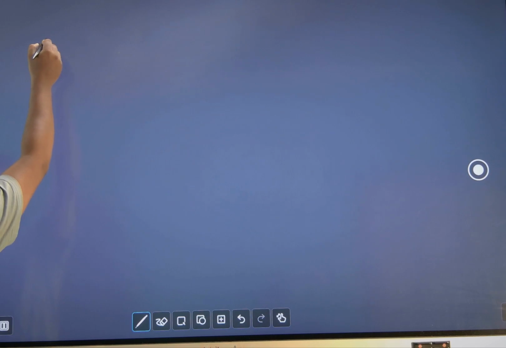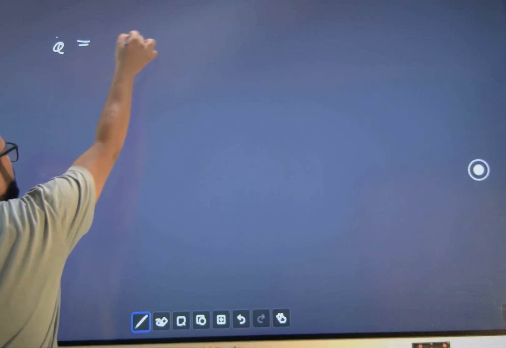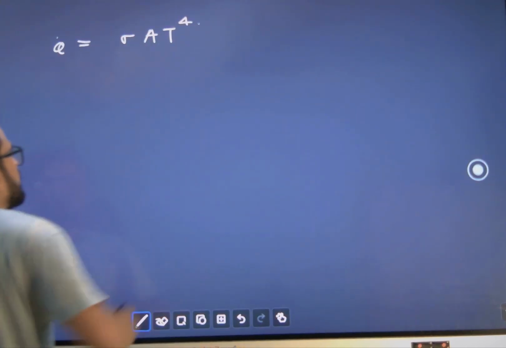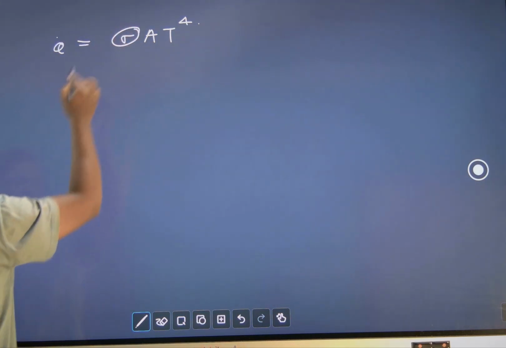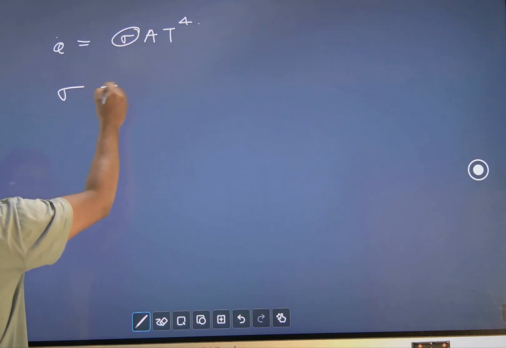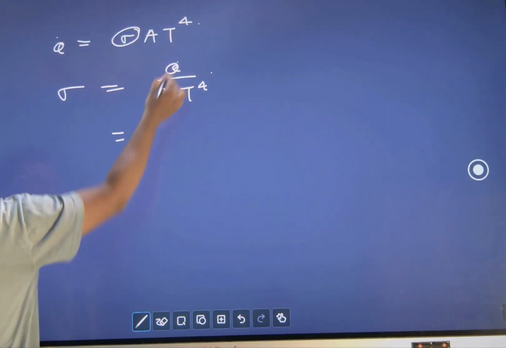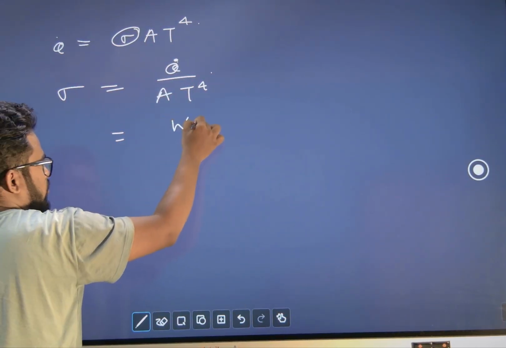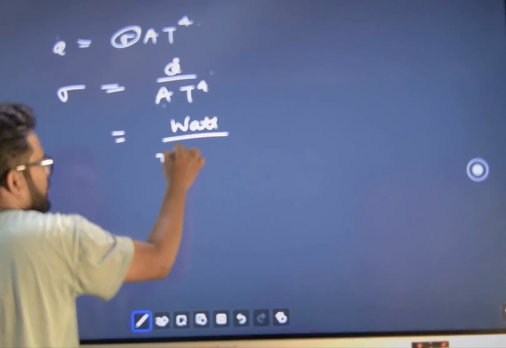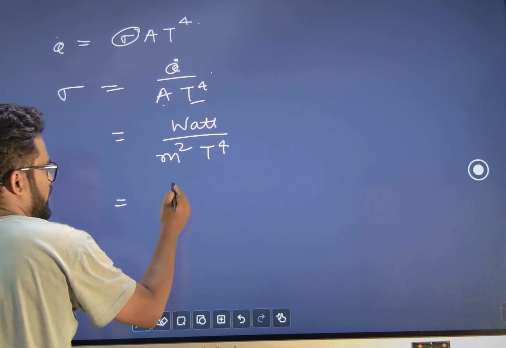If you remember the radiation chapter, there is a constant called, if you talk about rate of heat flow, sigma A T power 4, the Stefan-Boltzmann law. So this sigma is called the Stefan constant or Stefan-Boltzmann constant. So Stefan constant is Q upon A T power 4. Q is basically Q dot, meaning rate of heat, that is watt. Area is meter square, temperature power 4. So watt is nothing but joule per second.